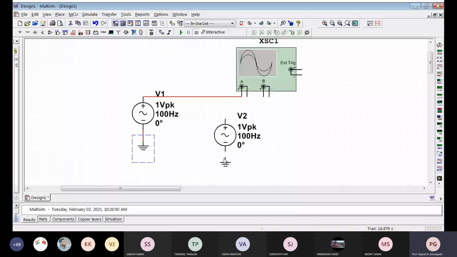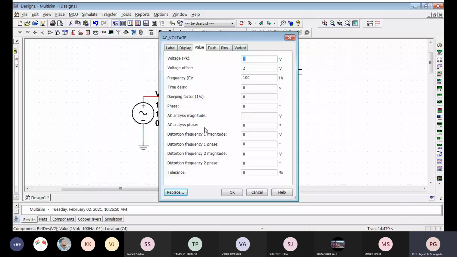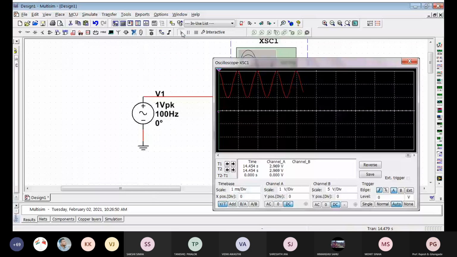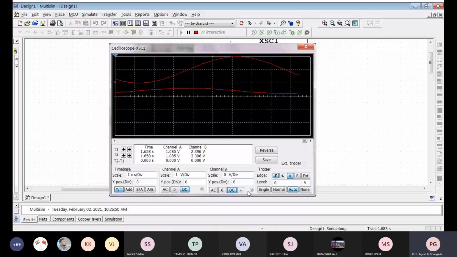Now we are going to do a very interesting thing. I'm going to add a phase difference of 90 degrees. So first of all, you'll see 2 different signals, which are shifted by, let us remove that DC content first of all.